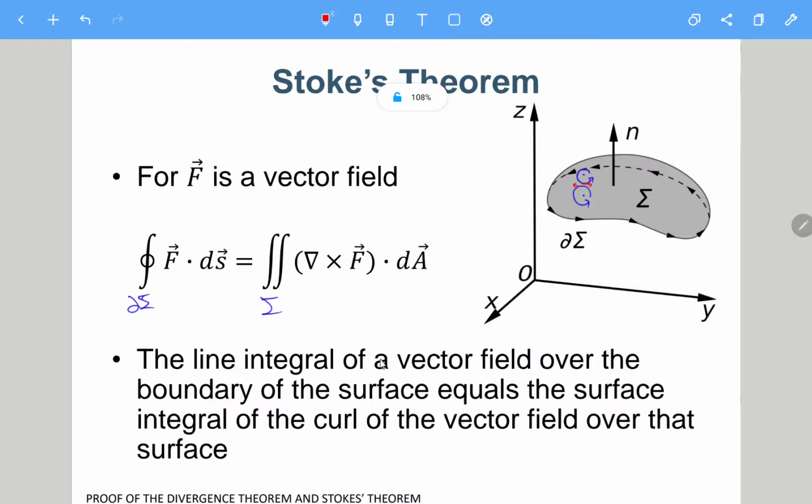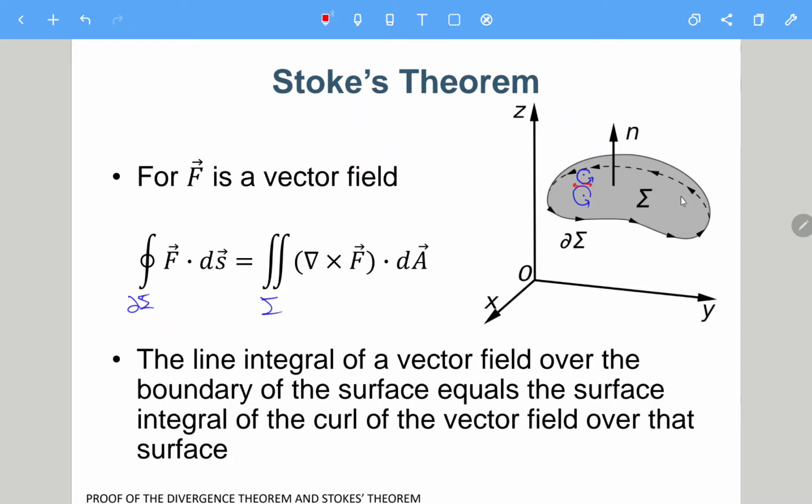So that's the interpretation of this equation, or this Stokes theorem. On the right side, we evaluate the curl of f over this whole area, and for all the adjacent points, some of the curl will cancel each other. Only the boundary remains. So finally, it becomes the line integral of f over this boundary.